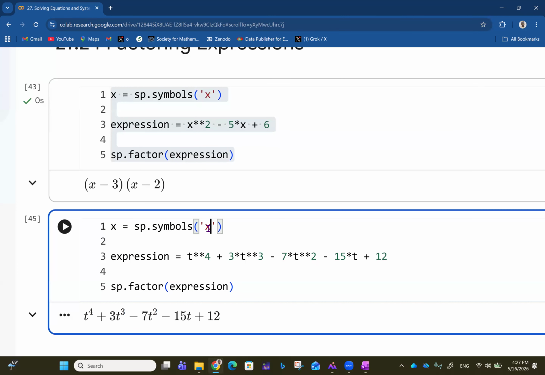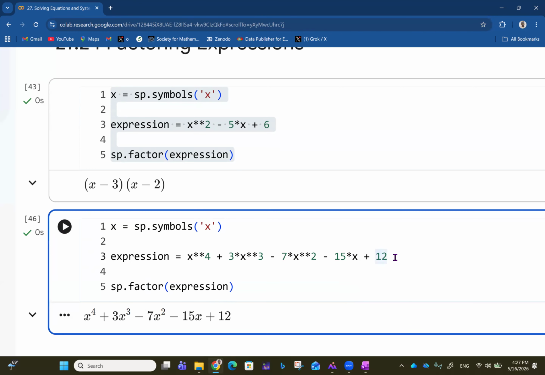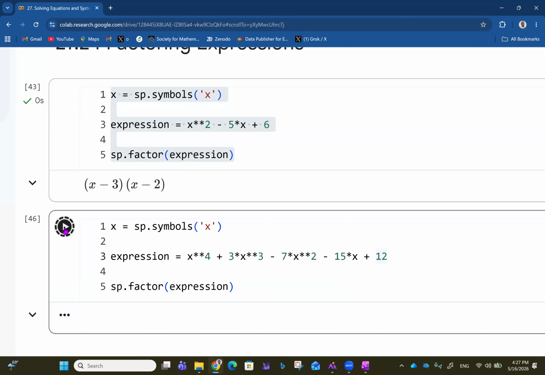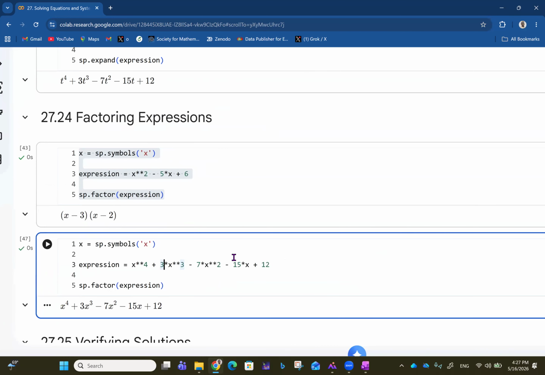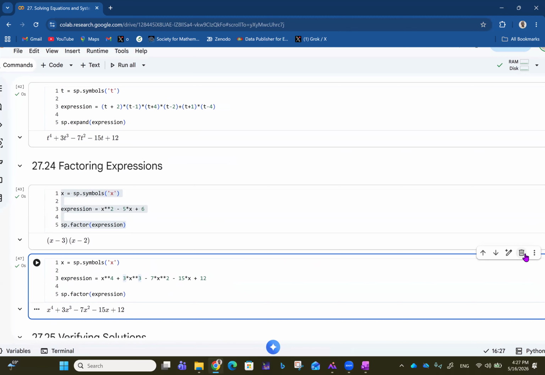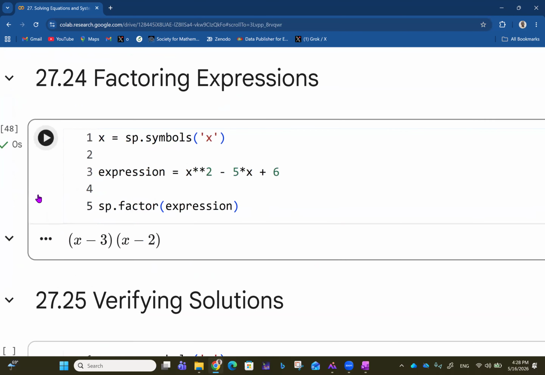So let me keep it at X and see if X works better than T. Interesting. Okay, is it that it's too long? Well, that's not working, so I just leave it. I wonder why though. Maybe it's too much. Yeah, but this one is down here, so we are good.